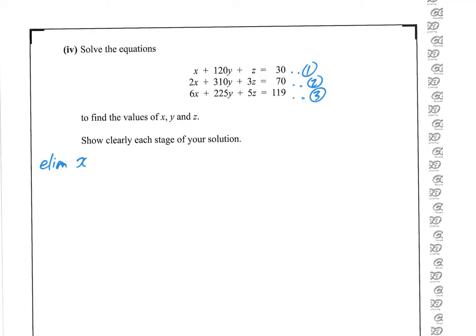So I'm going to do that by, first of all, multiplying my first equation by 2. So it's going to become 2x plus 240y plus 2z is equal to 30, and that was 2 times equation 1. I'm going to write my equation 2 underneath it.